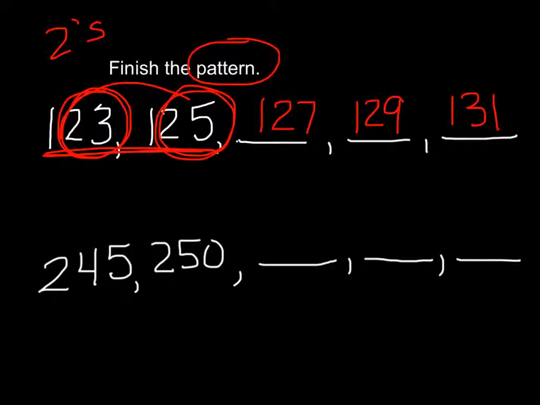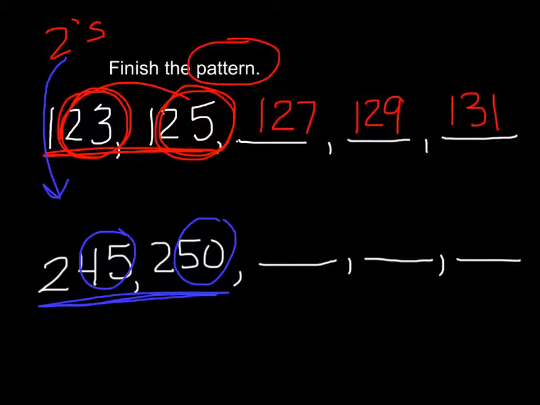But when you move on to the next set of numbers in the next skipping pattern, the skipping pattern is not the same. Please don't just assume that we're skipping by twos down here, because we're not. If you look at the tens and the ones down here, we have a 45, a 50.